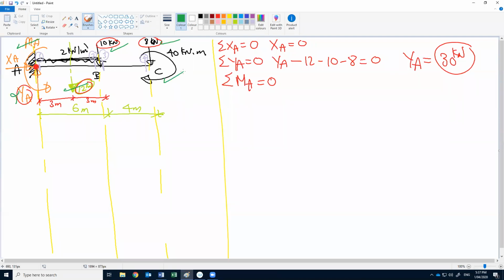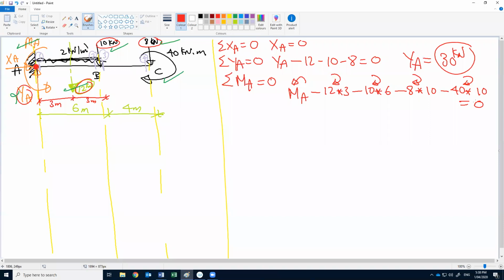Okay, so if we apply this equation, we will have MA anti-clockwise, minus 12 multiplied by 3 clockwise, minus 10 multiplied by 6 clockwise, minus 8 multiplied by 10 clockwise, minus 40 multiplied by 10 clockwise. Is that right?